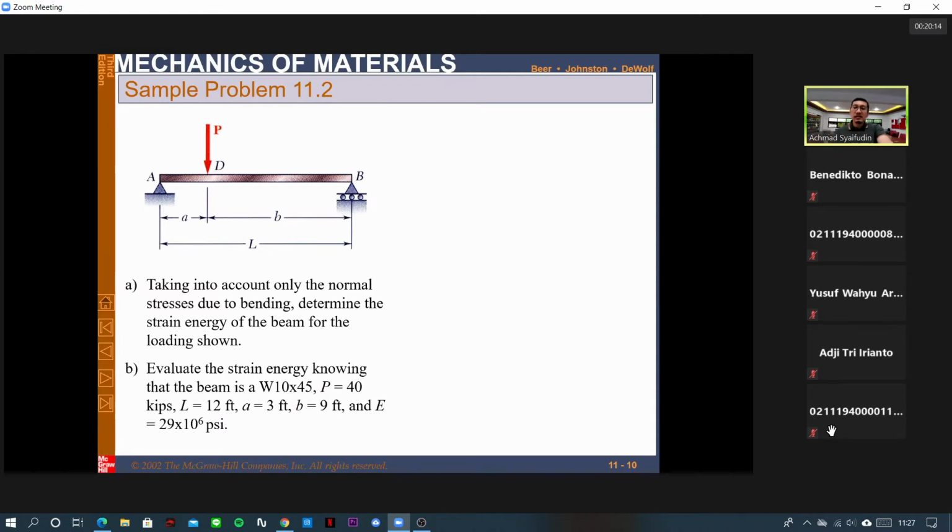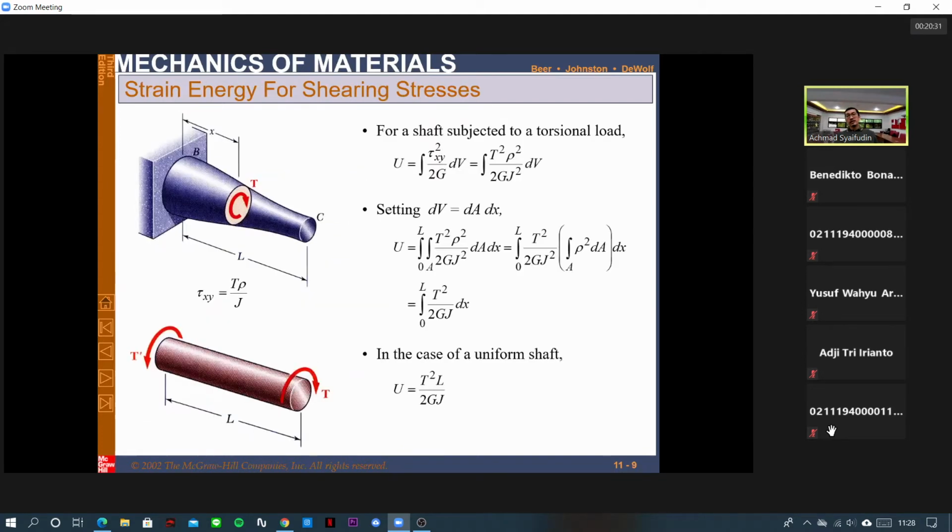Okay, this is the sample problem for this case. Before I move forward to the sample problem, please keep in mind that strain energy is a method to identify the deformation under the elastic area. The strain energy method is a tool you can use to identify the deformation under the elastic area for various loading.